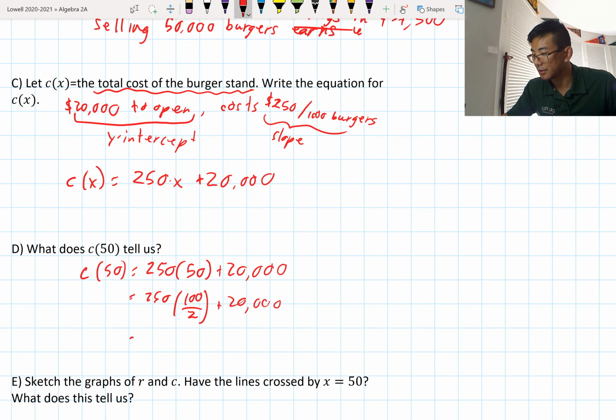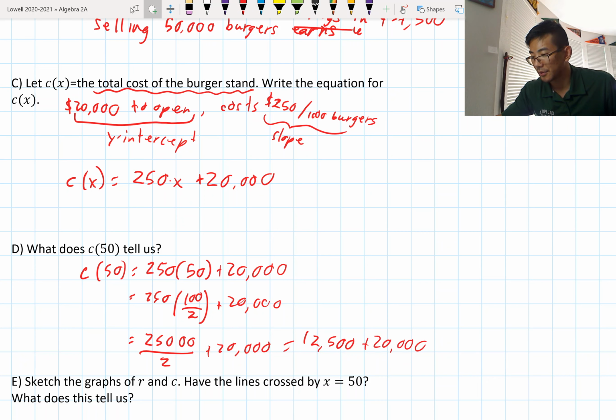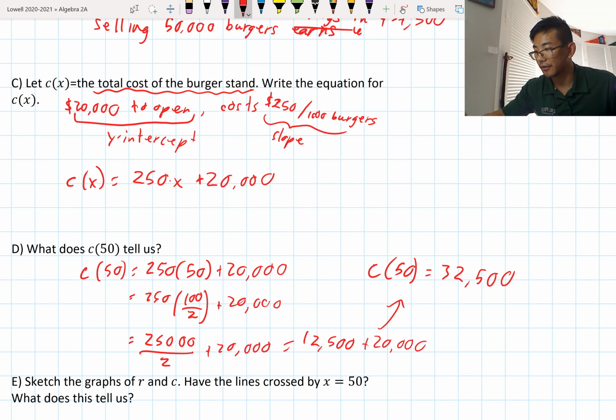So 250 plus 2 more zeros over 2, and that's going to equal 12,500 plus 20,000. And I'm just going to bring it up here for one last line. C of 50 is going to equal $32,500.